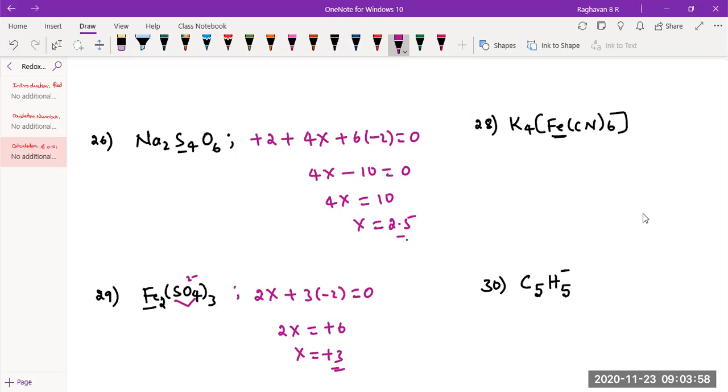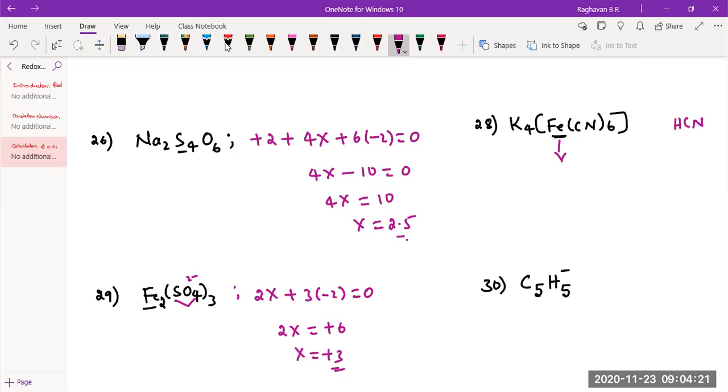Sir, X is plus 2. Why? How is it plus 2? Sir, cyanide is minus 1. Fantastic. Potassium is plus 1. Super. That's the way. Very good. For example, let's say you don't know what CN is. You take a compound of CN, no?